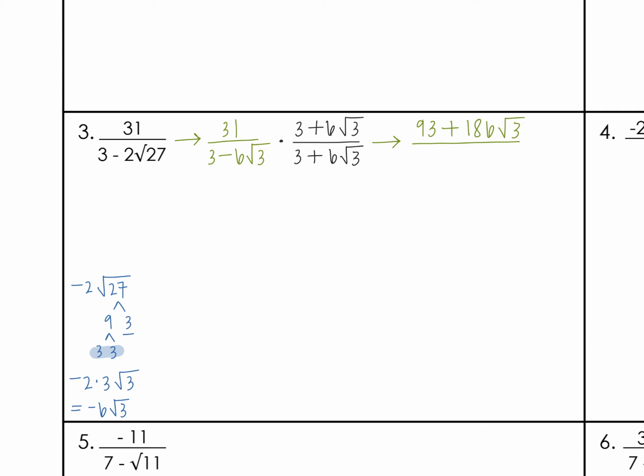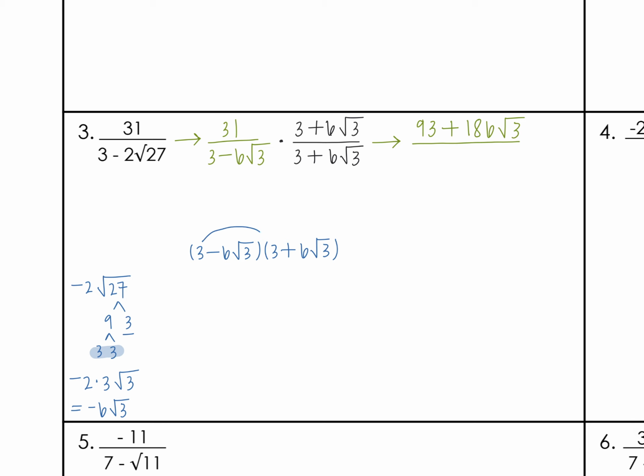But when you multiply by the conjugate, the radical terms should cancel out. And we're using the difference of squares here. So that's what I'm going to show you in that step. But I'm going to just show you a little bit of scratch work of exactly how the radicals do cancel out for those of you questioning it. So we have our 3 minus 6 root 3 times our 3 plus 6 root 3.